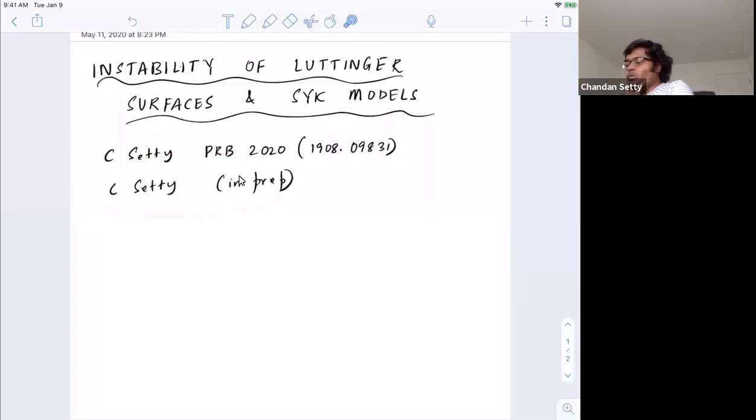Okay, so first of all, what are Luttinger surfaces? So we are all familiar with the concept of a Fermi surface. A Fermi surface is a contour of poles of the Green's function. So you have some Green's function.